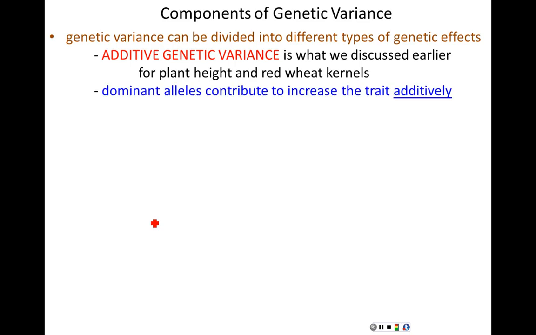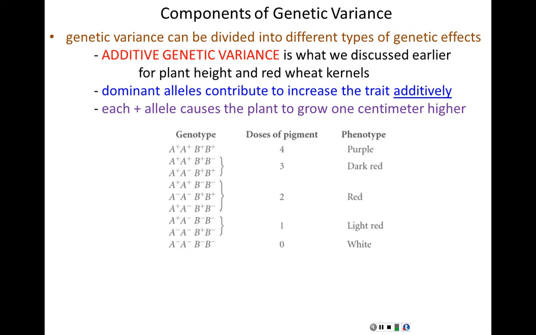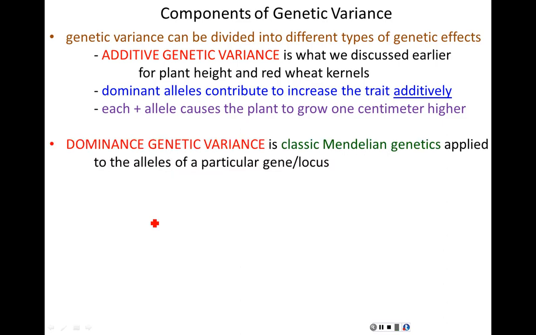Each allele contributes independently to increase the trait additively. You're twice as red with 2 dominant alleles as you are with 1. Each positive allele causes the plant to grow 1 centimeter higher. In other words, a homozygous plus plant grows 2 more centimeters, and a heterozygous plus plant grows 1 more centimeter. Additive effects.